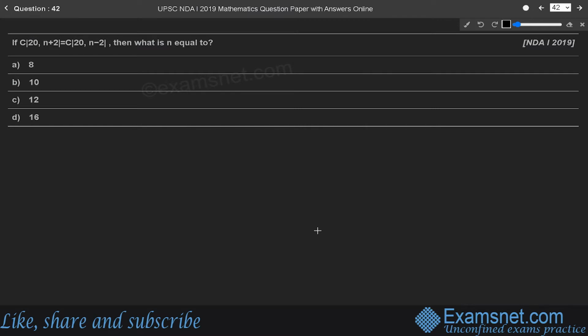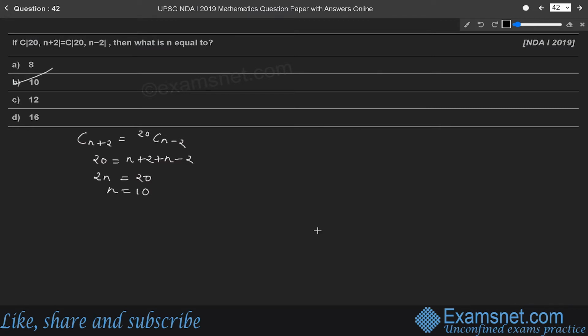So it is given that 20C(n plus 2) is equal to 20C(n minus 2). On further solving it will be 20 is equal to (n plus 2) plus (n minus 2), which gives 2n is equal to 20 and n is equal to 10. So the correct value of n here is 10, which is option number B.